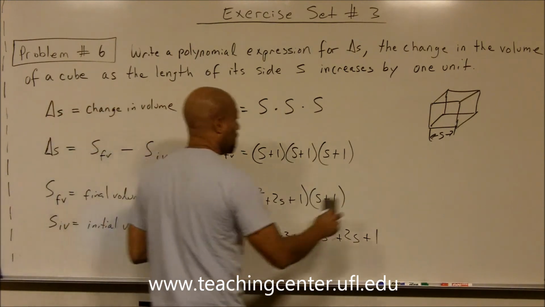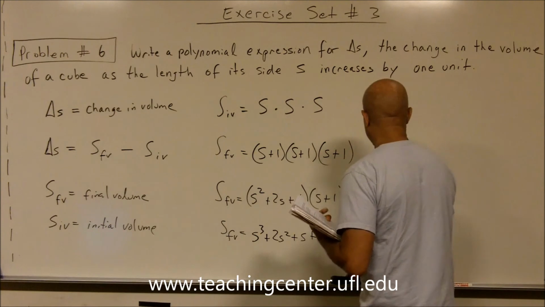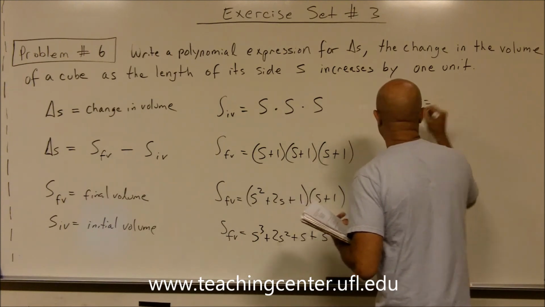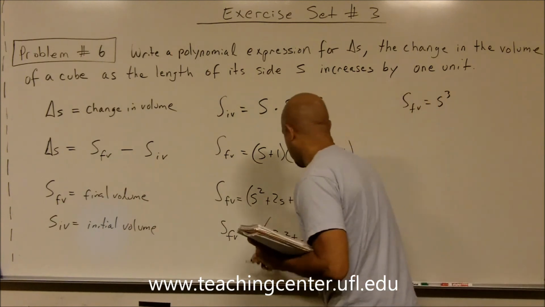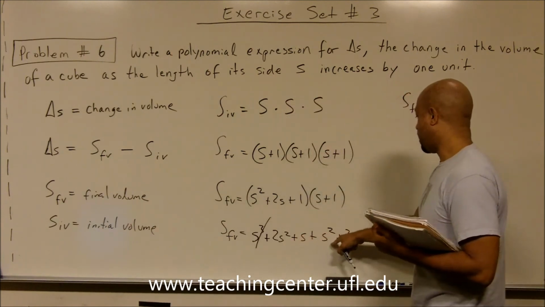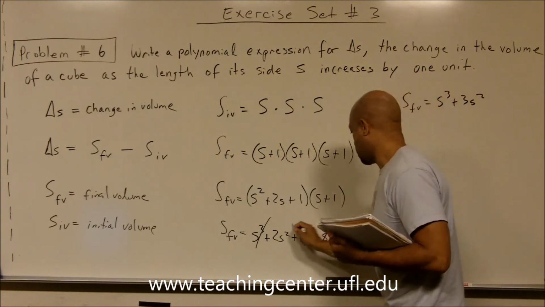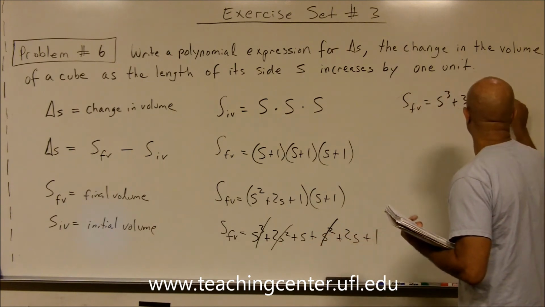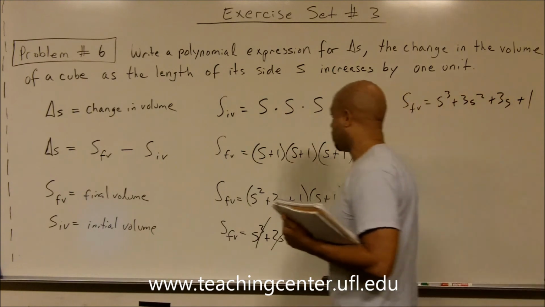Okay? And we can now simplify SFV, the final volume, so that we have S cubed, 2S squared and an S squared is 3S squared, and 2S and an S is a 3S, and then plus 1. Okay?